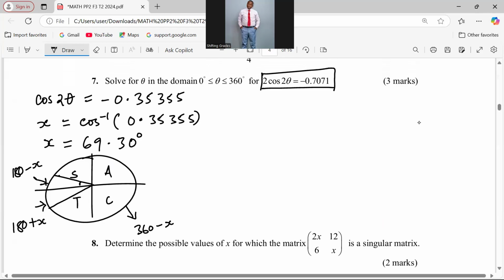Therefore, the values of 2 theta are going to be 180 minus 69.3, and that is 110.7. Again, in the third quadrant, it shall be 180 plus 69.3, which is 249.3.